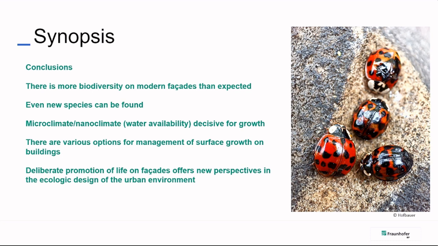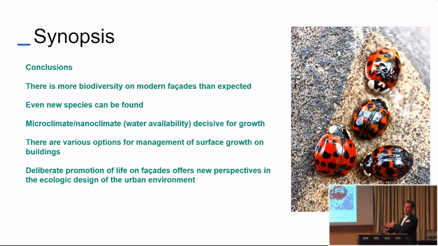What I wanted to show you is a different aspect of urban vegetation, and I wanted to show you that there is much more biodiversity on surfaces of buildings than you would expect, and even now you could find new species. What is decisive on the surfaces is microclimate, but microclimate is even too big because we are talking here on a scale of millimeters and centimeters.